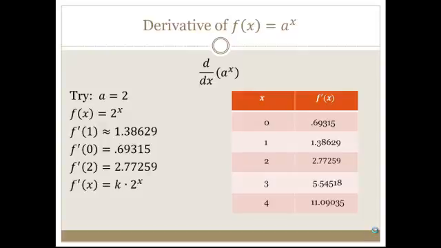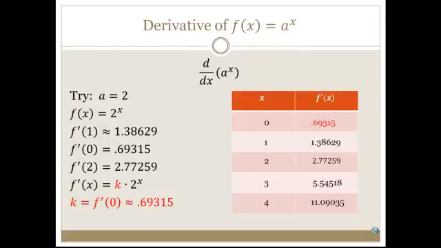But that means that f prime of x is an exponential function with base 2. In other words, f prime of x equals some constant k times 2 to the x. But what is k? Remember that k is our function evaluated at 0. In this case, our function is f prime of x. So k is f prime of 0, which is 0.69315.